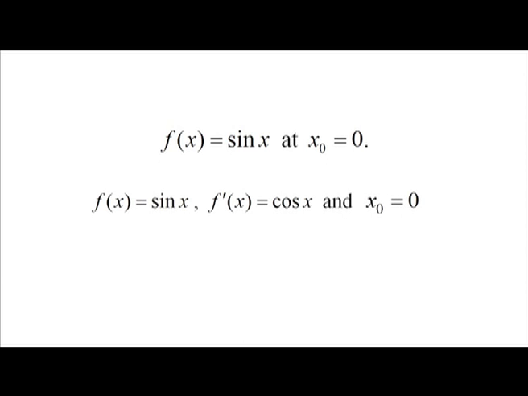With f of x equal to sin x, f prime x equal to cos x and x naught equal to 0, the linear approximation is sin x approximately equal to sin 0 plus cos 0 times x minus 0, which is equal to 0 plus 1 times x, which is equal to x.